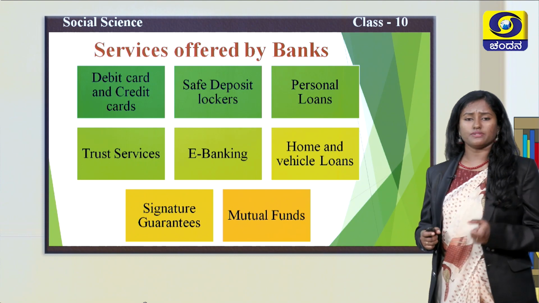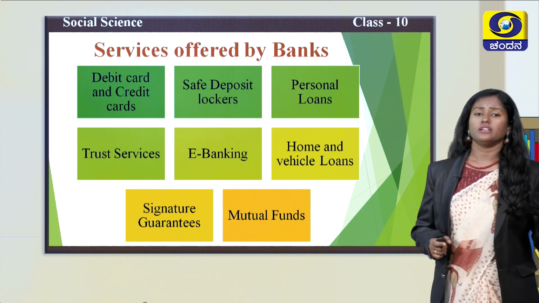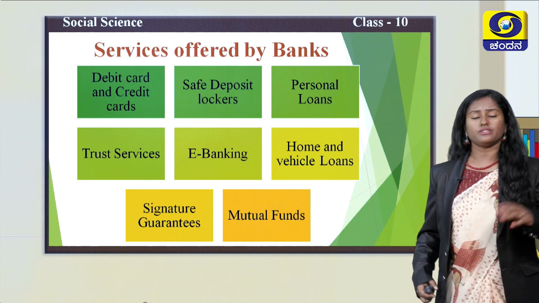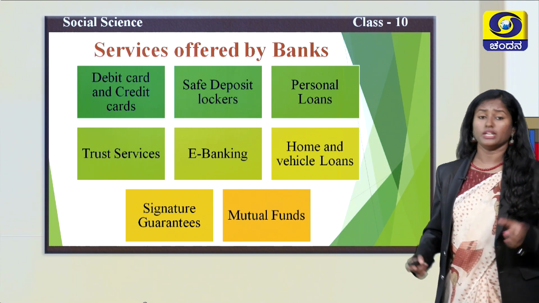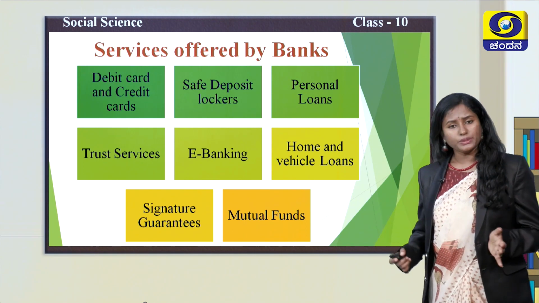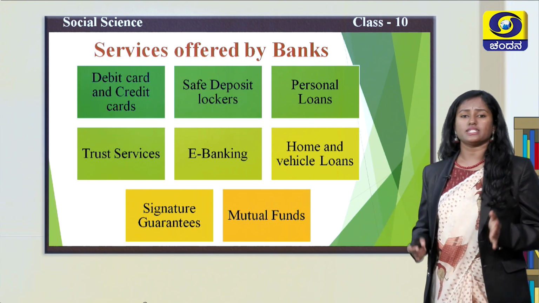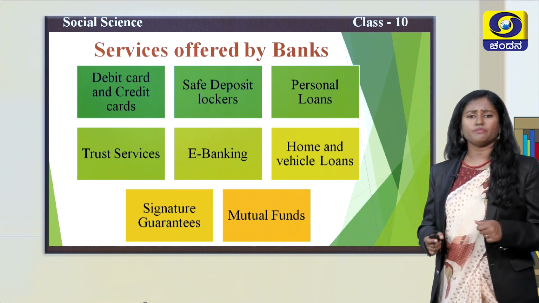Trust services come under the primary functions, that is, the bank provides services between the trustee as well as the beneficiary. It takes care of a property for a particular period of time, thus we call it trust services. Internet banking.